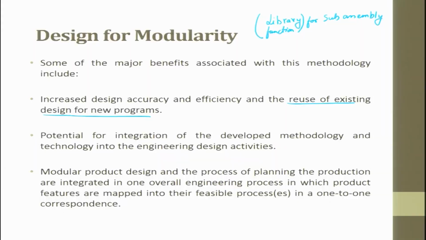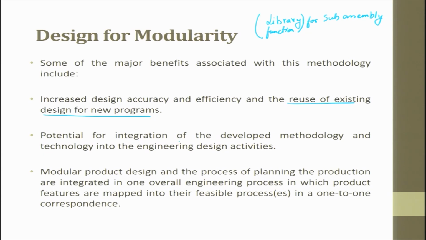Then the library function is already prefixed for a particular sub-assembly. Okay. So, when you follow modularity, it is easy to call those already existing library functions. So, your product life cycle time is reduced to a large extent, so rapid manufacturing can happen. So, the reuse of existing design for new programs can be done.